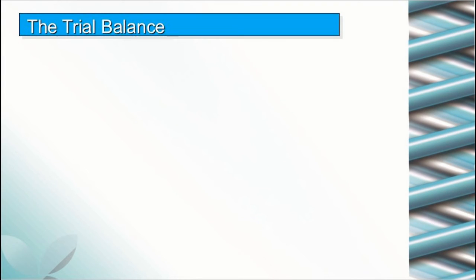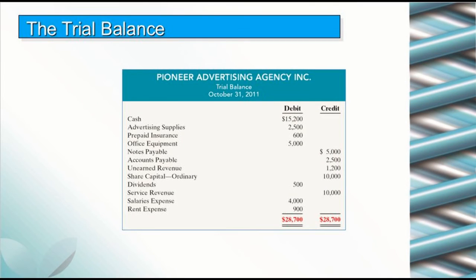The fifth discussion is about preparing a trial balance and what the purpose of the trial balance is. A trial balance is a list of accounts and their balances at a given time. Customarily, companies prepare a trial balance at the end of an accounting period.